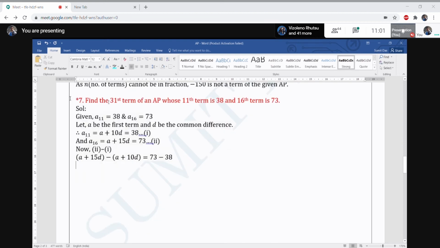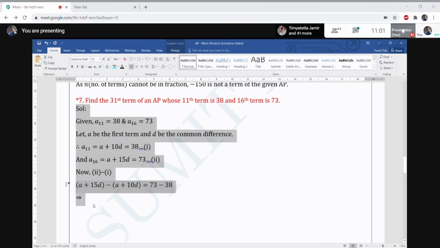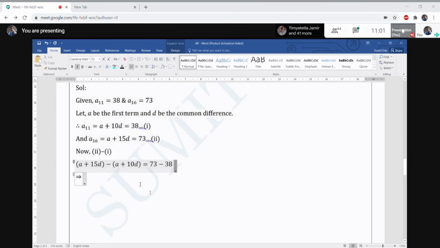So it will be a plus 15d minus a minus 10d, and on the right hand side it will be 35. Then the a cancels, and it will be 5d equal to 35.